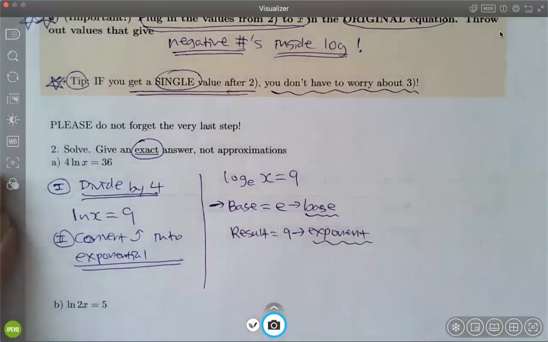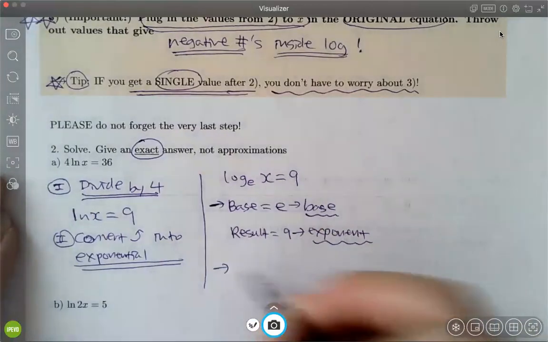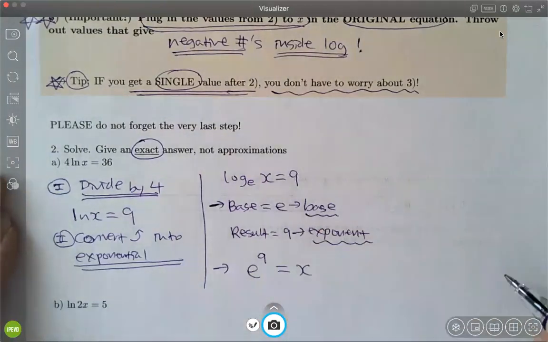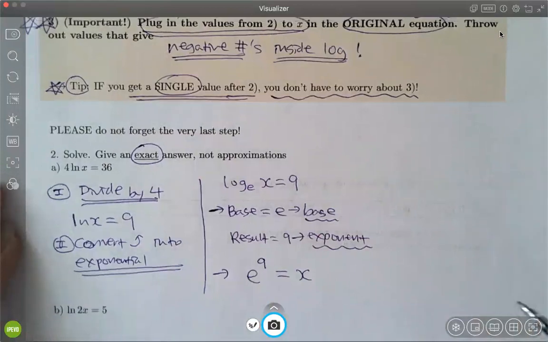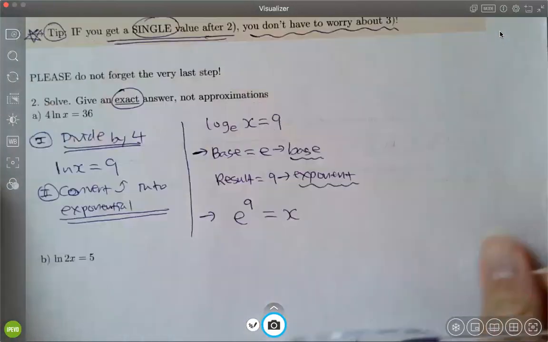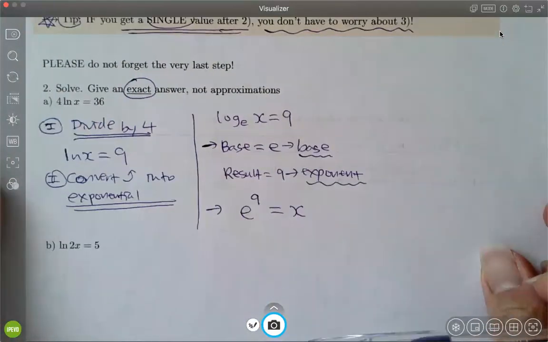Okay, so what do you have? E to the power 9, and then the remaining thing equals x, right? Okay, now, how do we solve this? So what does that mean? How do we isolate x? Is x already isolated? Yeah, right? And what do we have as the other side? E to the power 9, right?